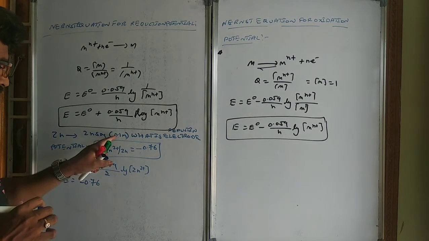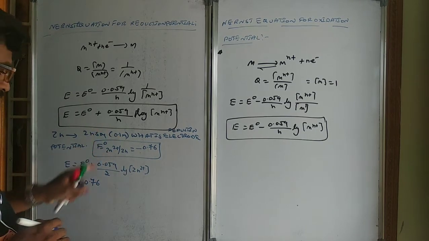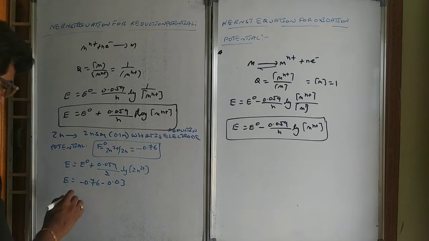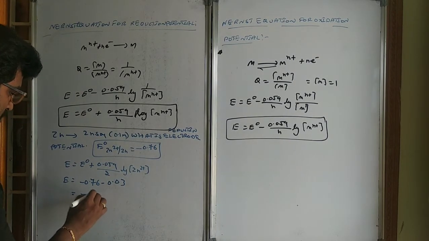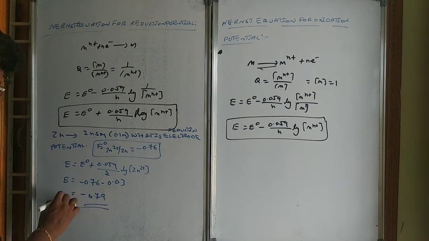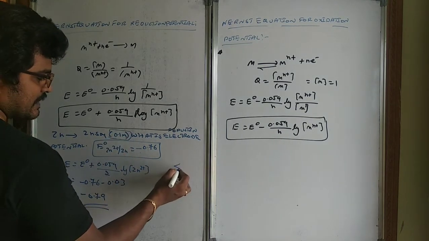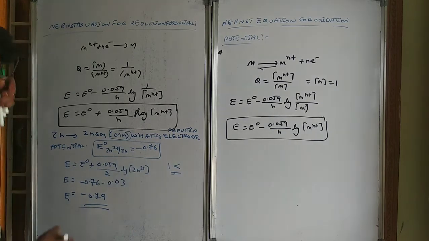So that's why E is equal to minus 0.76, log zinc is 10 power minus 1. So it comes in front and it will become minus 0.03. So that's why minus 0.79 will come. So as the zinc concentration is less than 1, the electrode potential decreases.